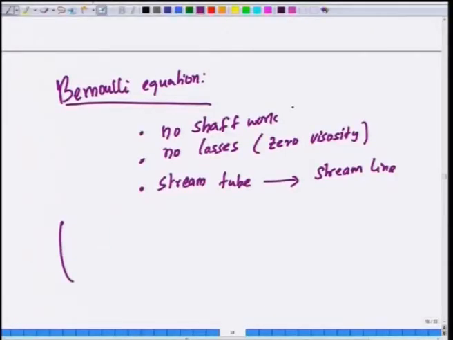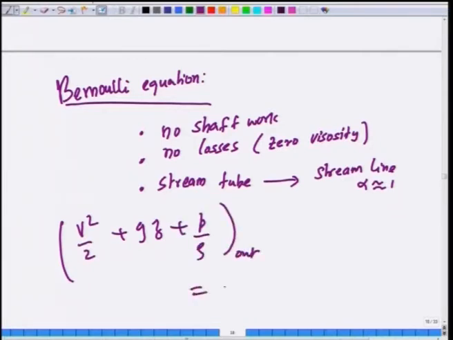So in that case, when you have a streamline, alpha is approximately 1. So we said that v squared by 2 plus g z plus p by rho at the outlet must be identically equal to v squared by 2 plus g z plus p by rho at the inlet.